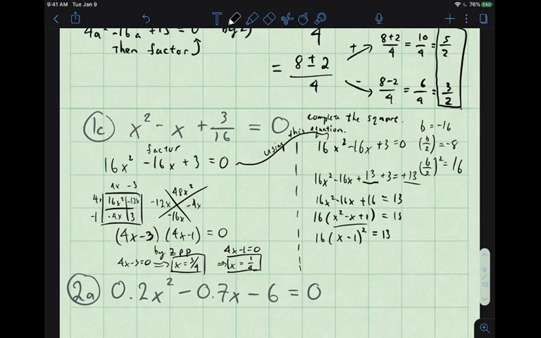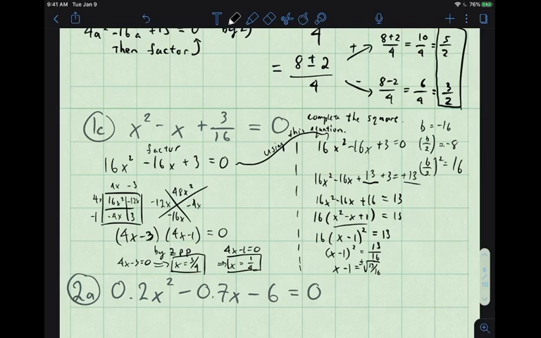We go ahead and solve this. You can see it getting complicated. I feel like I made a mistake somewhere. 13 to both sides. Yeah, that looks right. 13 over 16. X minus 1 equals the square root of 13 over 16, plus or minus.